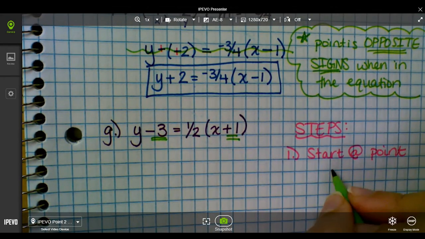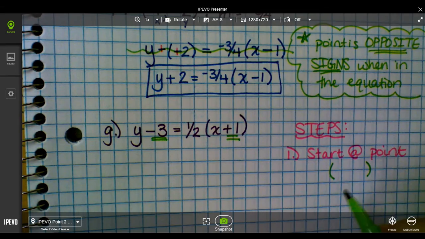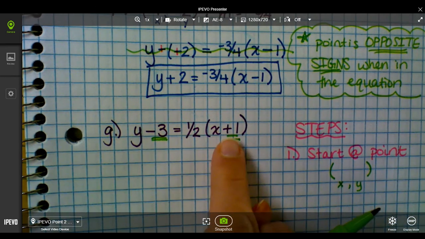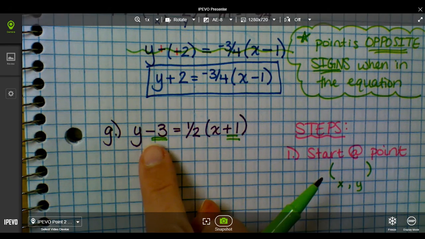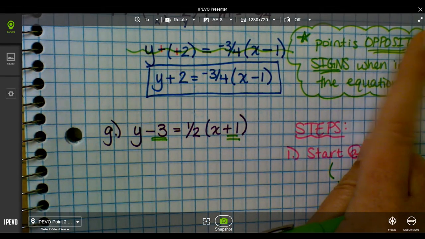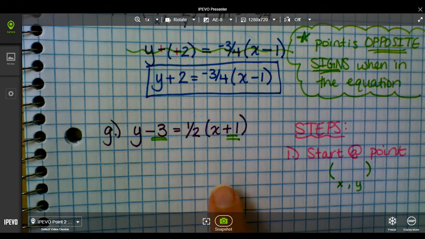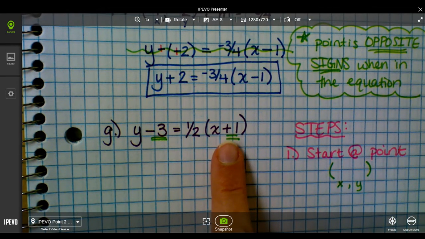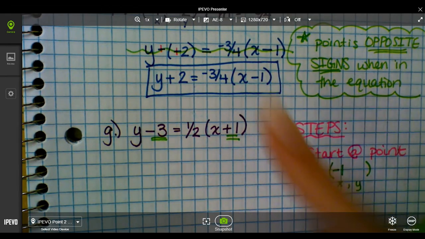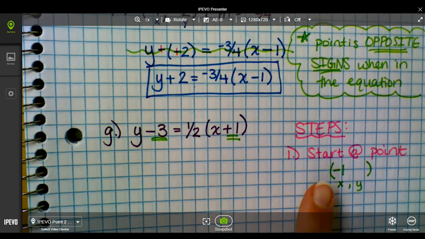So make sure when you are pulling out your point, you always have x, y first. So always make sure your x value is going to be with the x's in here, your y value is going to be with the y's, but then they're always the opposite signs when they're in their equation. So when I start to pull out my x value, my x looks like it's a positive 1 over here. That means I had to subtract a negative 1 in my original equation to get that positive 1.